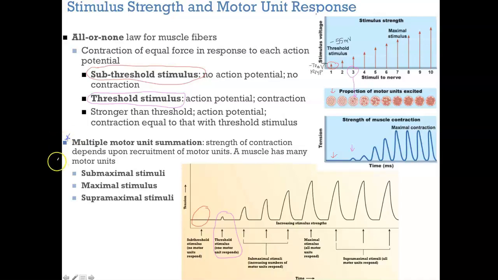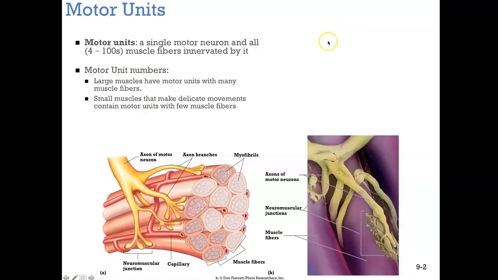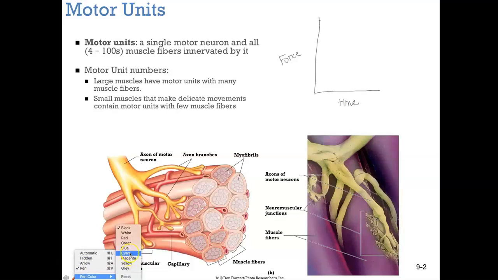And I forgot to touch on something in the previous slide. So I left this blank spot here too, because I want to have this make sense for you. So as far as motor units, if this is my force of the muscle contracting, and this is time, and we drew out those motor units before, but they disappeared.